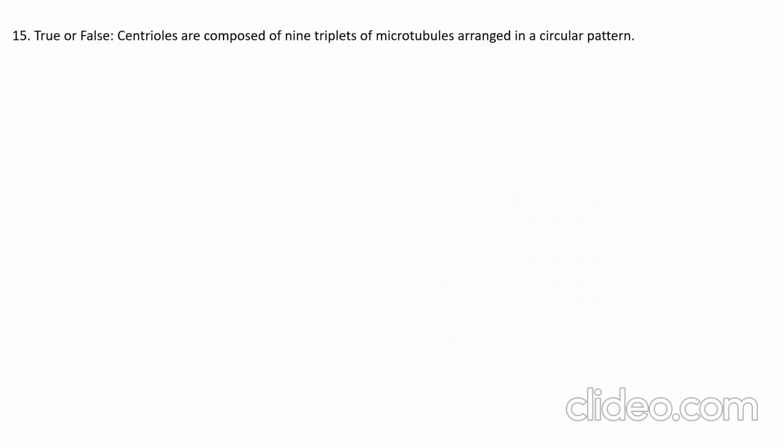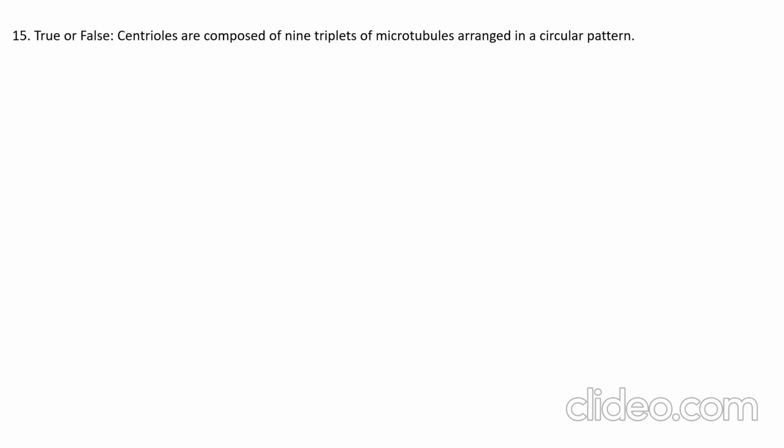Right. Okay, so we have a few more questions. True or false? Centrioles are composed of 9 triplets of microtubules arranged in a circular pattern. So you guys, what do you think? I just talked about this. Is this true?